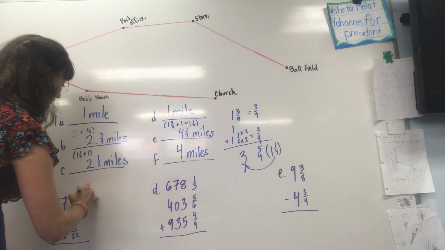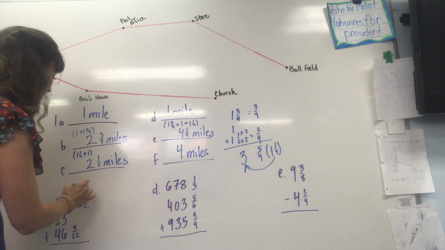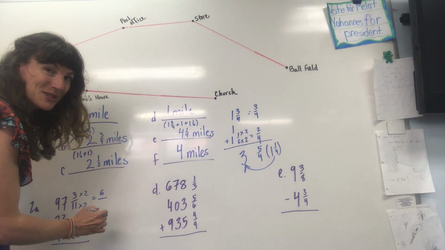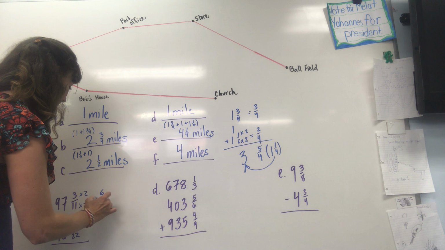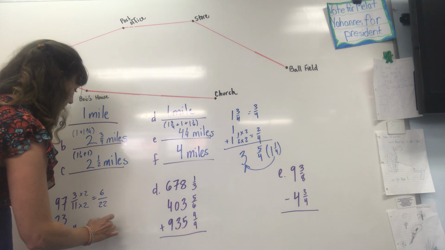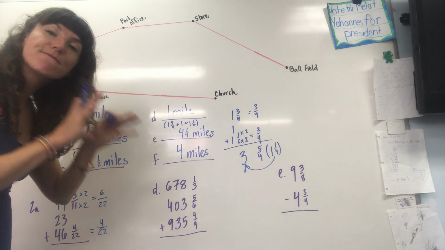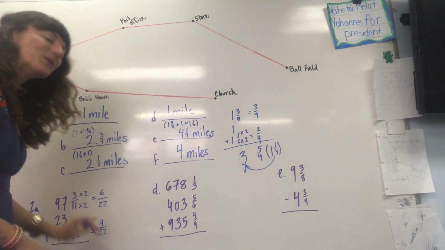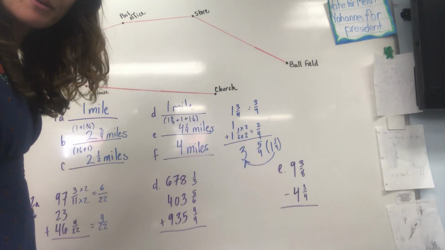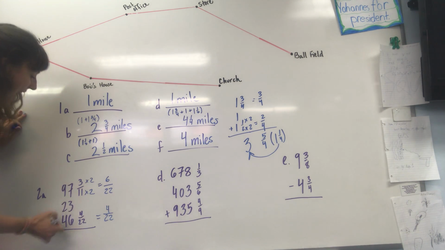I multiply the top and the bottom both by 2. 3 times 2 equals 6, and 11 times 2 equals 22. Then I rewrite my other fraction. I do my fractions first, then my whole numbers. I'm adding.